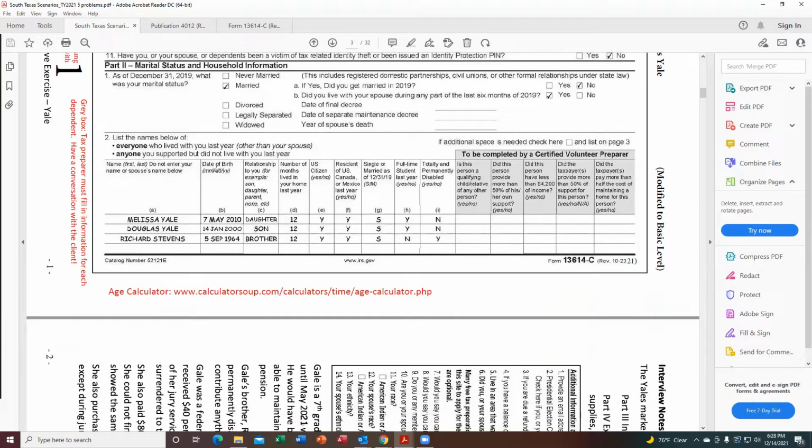Date of birth is very important, not only for the primary taxpayers, but also for the dependents. In particular, with the dependents, there are a lot of credits that get triggered by their date of birth. So it's important that the client gave us the correct information, and that we enter it correctly as well.